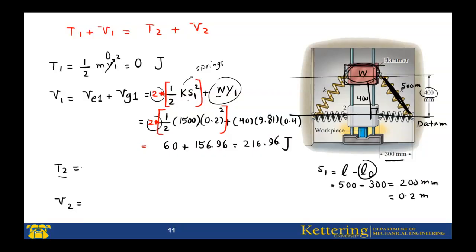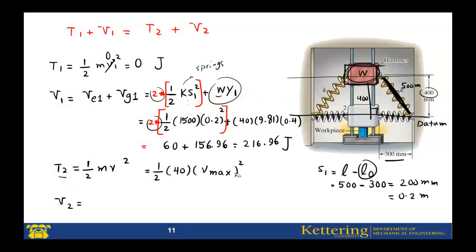Then, at state 2, the kinetic energy is 1 over 2 m V max squared, or 1 over 2 m, 40, V max, or maximum velocity at state 2. Sorry, what's called V2.